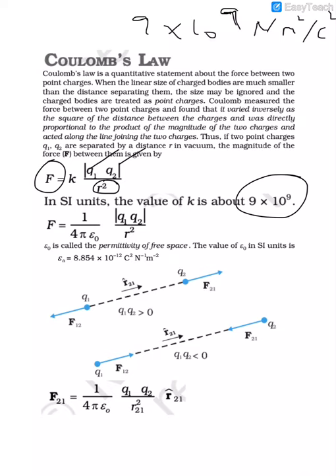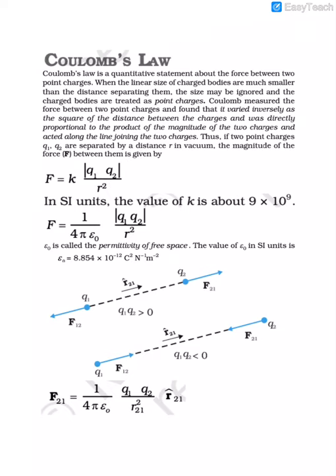Incidentally, this constant k, does it have any physical manifestation? It does. Actually, the constant k is found to be equal to 1 upon 4 pi epsilon naught. And you understand that 1, 4 and pi are all constant. Epsilon naught is called the permittivity of free space, which literally means permittivity of vacuum.